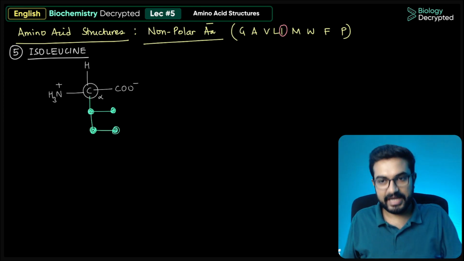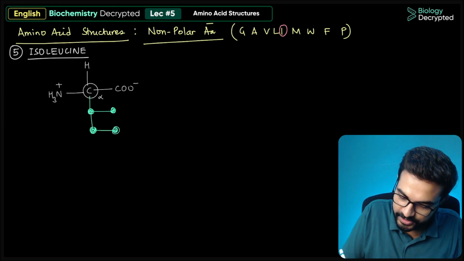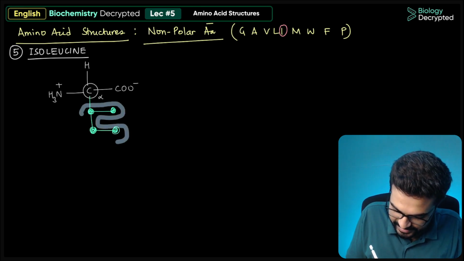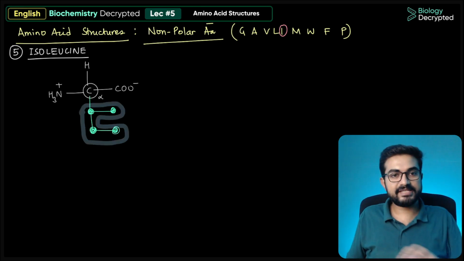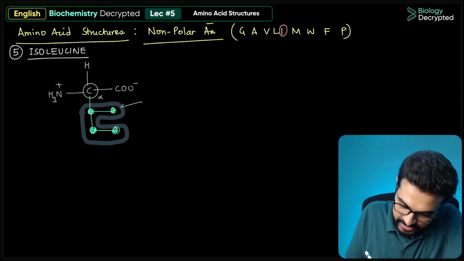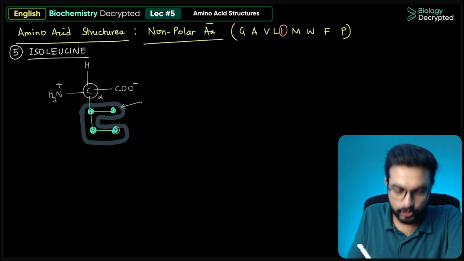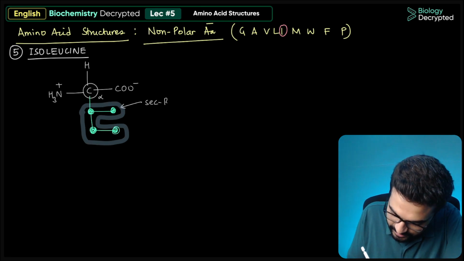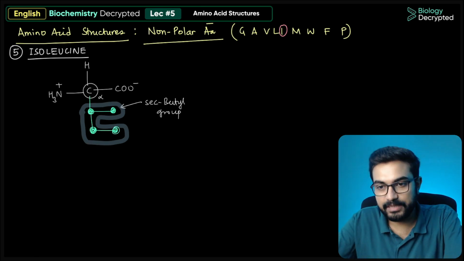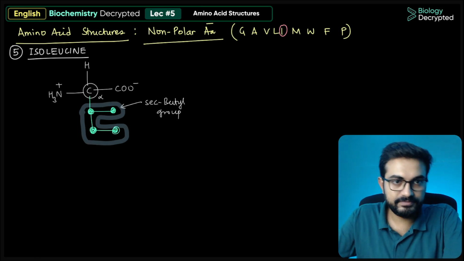This is how we'll show a sec-butyl group here, and we'll highlight it. This is a C-like structure which is present in case of isoleucine, and this group is known as the sec-butyl group.